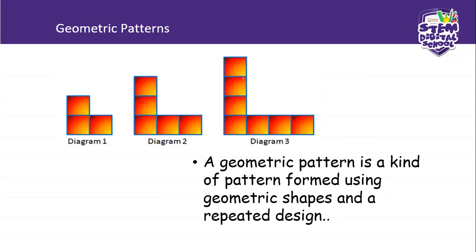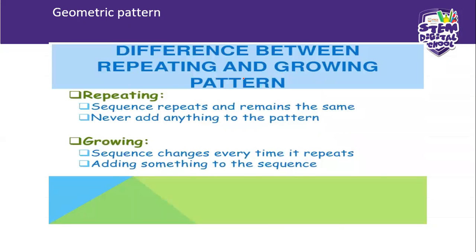So we once spoke about a geometric pattern being a kind of pattern formed using geometric shapes and a repeated design. Then we said that patterns can either be repeating or growing.